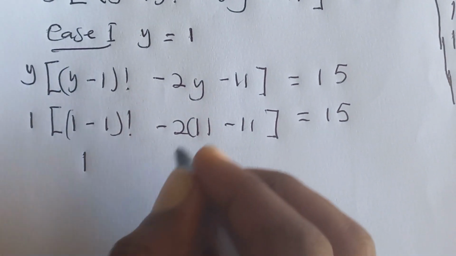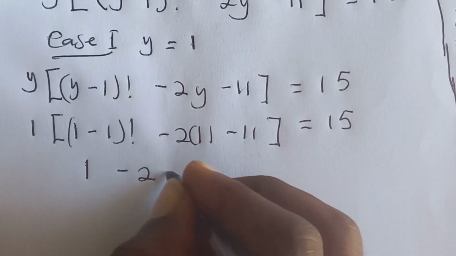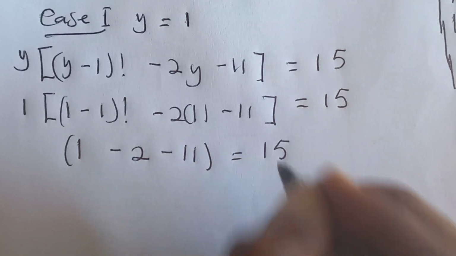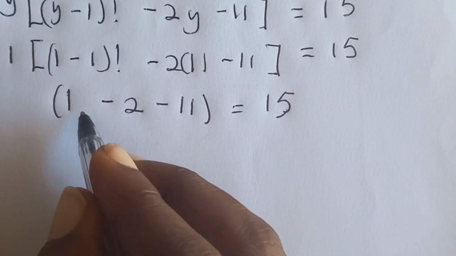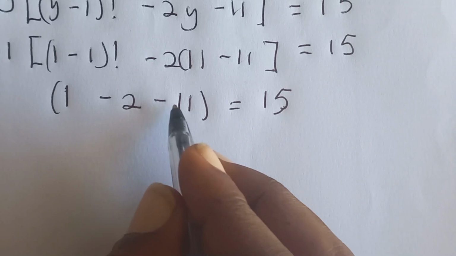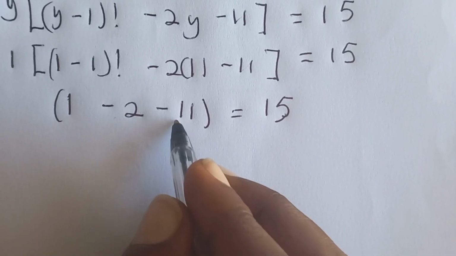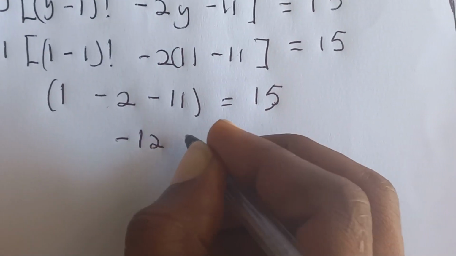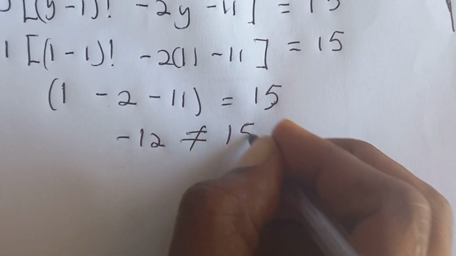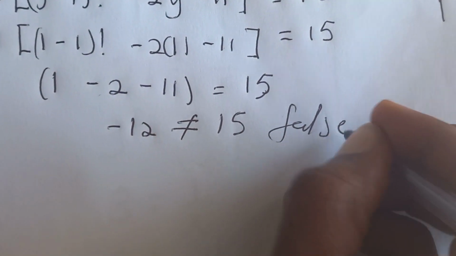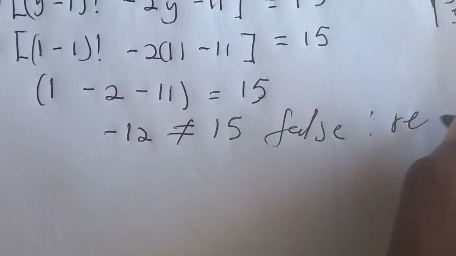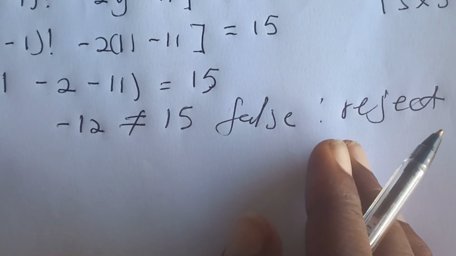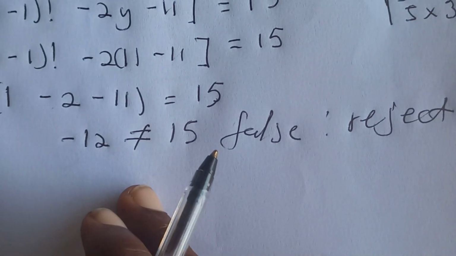So we have 1 minus 2 minus 11, which is -11 plus -2, that is -13, plus 1, giving -12. You can see that it's not equal to 15, so it's false. So we reject 1. The solution can never be 1, because it doesn't satisfy the equation.